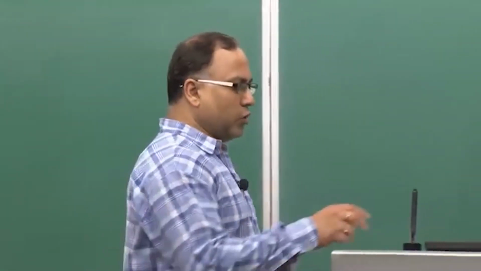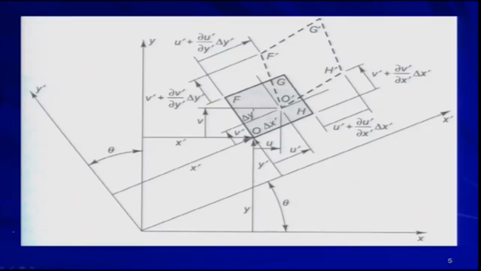If you look at this figure, this is your xy coordinate system. Now, we are going to define the state of strain in the x prime, y prime coordinate system, which is oriented with respect to the angle theta, that means the angle between the x prime axis and the x axis is theta.